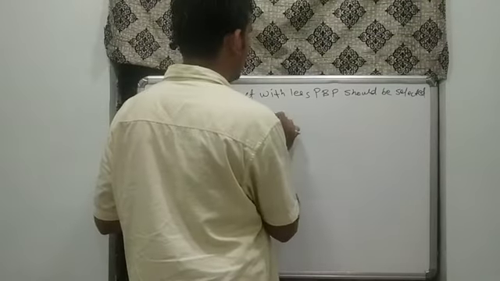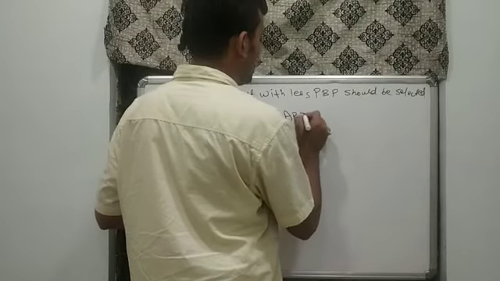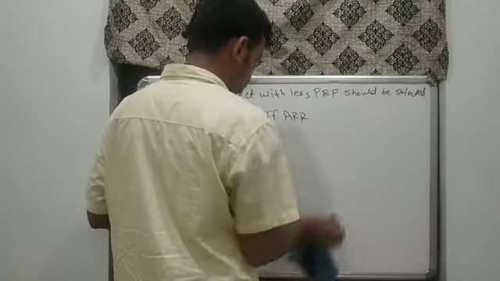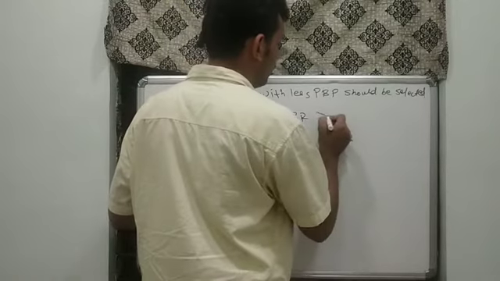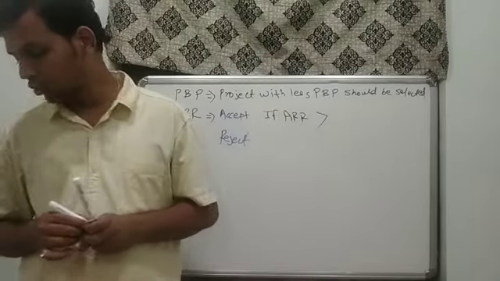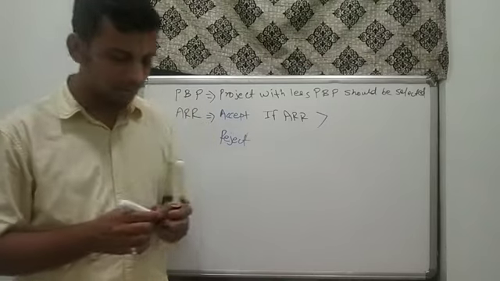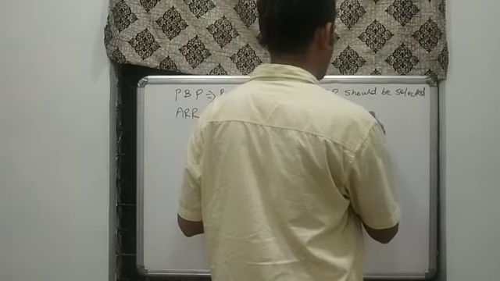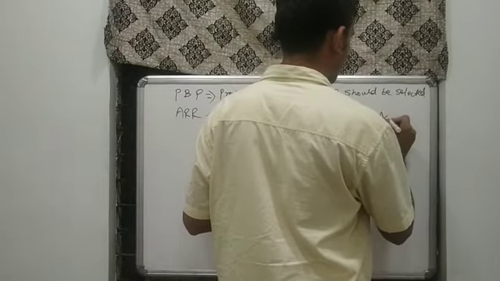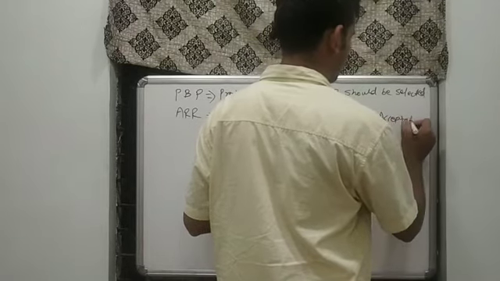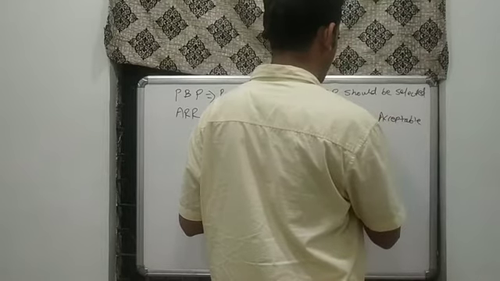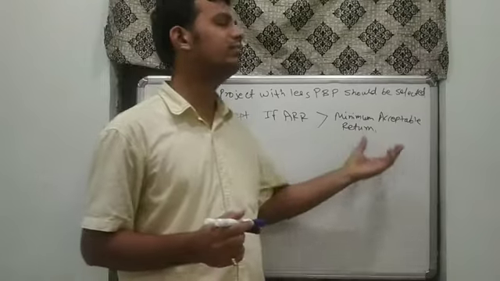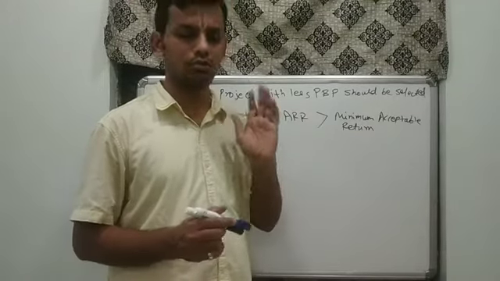We accept if ARR is more than the minimum acceptable return. Suppose ARR is 13% and minimum expected return is 11%, then we should accept that project.